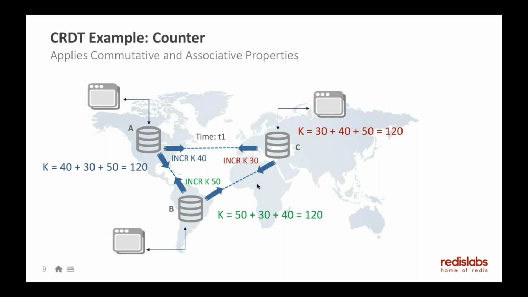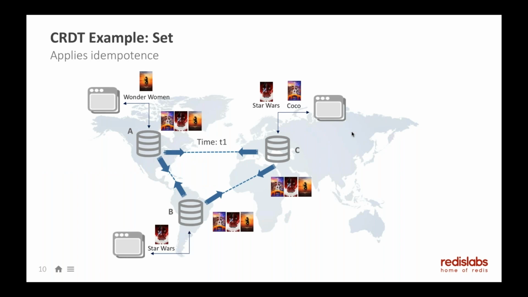But in reality, what you're doing is just counting, and what you want is a strong eventual consistency that goes to the same number. Here in this case, it is 120. Here, as you see, A plus B is the same as B plus A. So counters show commutative property and also associative property. So it's easy for us to do a conflict-free merge.